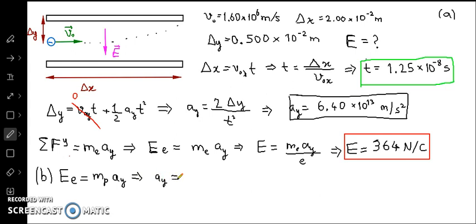If you isolate acceleration and plug in the values for the electric field that we have already calculated, the proton's mass is 1.67 times 10 to the negative 27 kilograms. And here's the acceleration for the proton, 3.49 meters per second squared.